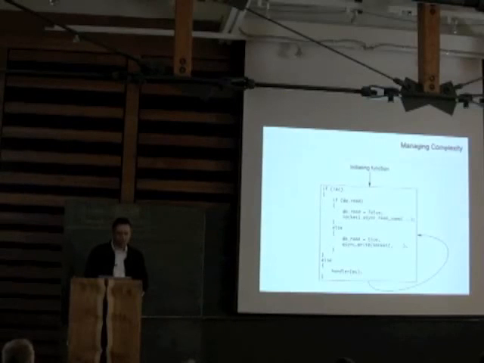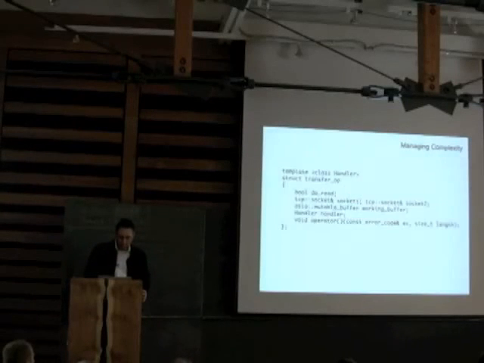Now, another way of implementing it would be a state machine type approach, where you're either doing a read or doing a write. And for certain sorts of composed operation, that's probably the right way to go about it. You might implement that state machine using a function object rather than standalone functions.